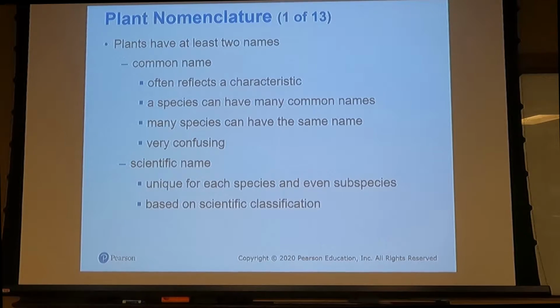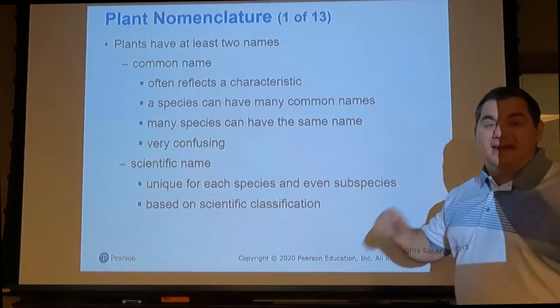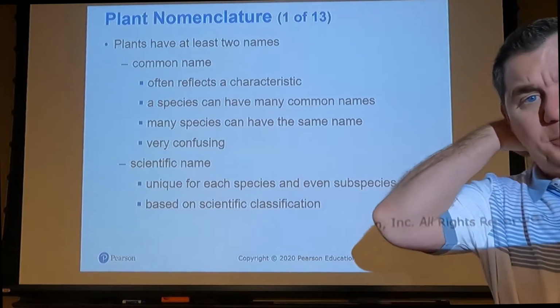At minimum, plants have at least two names. We have a common name, which is going to reflect some characteristic. Common names can be very confusing, because what we call magnolia here might not be what they call magnolia in Spain, however that looks, wherever magnolias might grow in other parts of the world. But the scientific name is based on scientific classification, and it's unique for each species, and some of them even have a subspecies.